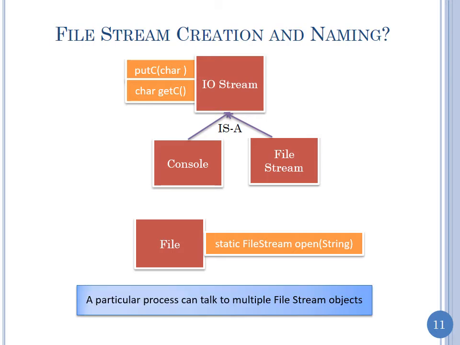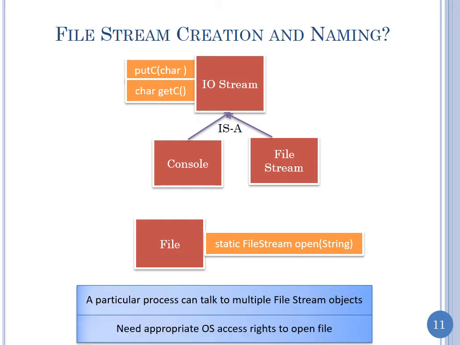So a particular process can talk to multiple file stream objects. This is abstract. This is not actually Java. And whenever you are interacting with some external source of information, we need to make sure that we have rights to that source of information. So there are access rights associated with files.